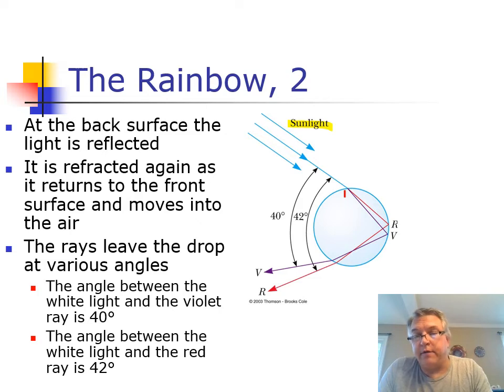After all of that refraction and reflection, the angle between the incoming sunlight and the violet rays that are leaving the raindrop are going to be about 40 degrees. The angle between the incoming ray of sunlight and the refracted red wavelengths is going to be about 42 degrees. So we've separated out the different wavelengths of light.